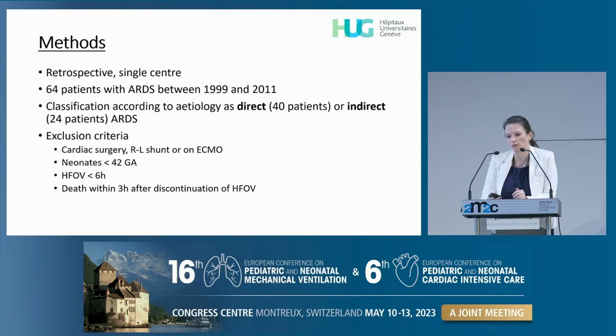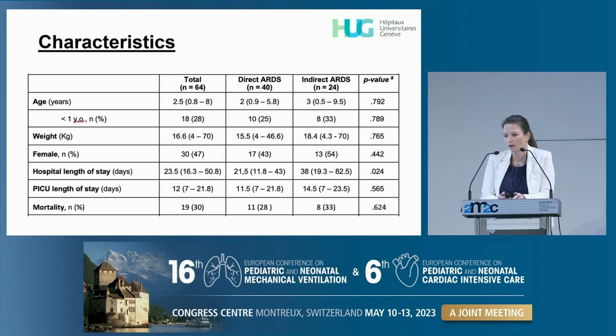And we had a couple of usual exclusion criteria. If you see the characteristics of our populations, you can see that they're really similar. The only difference is the hospital length of stay that was a little bit longer in the indirect ARDS group compared to the direct group.